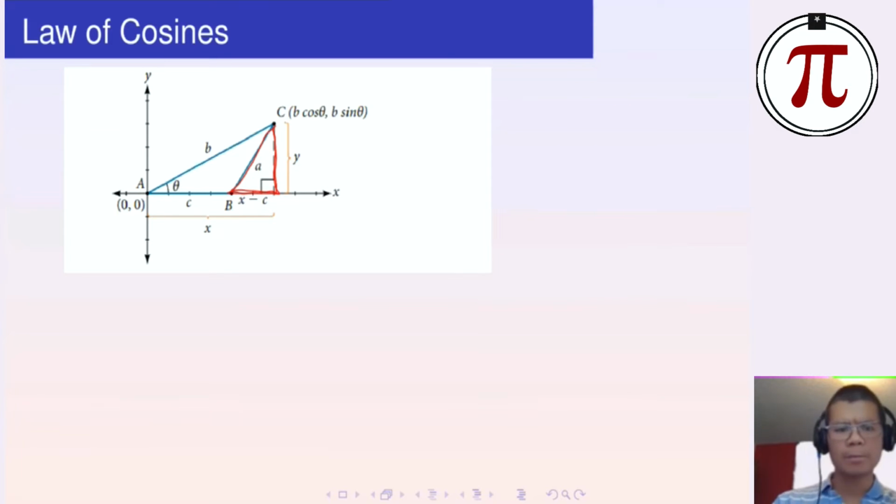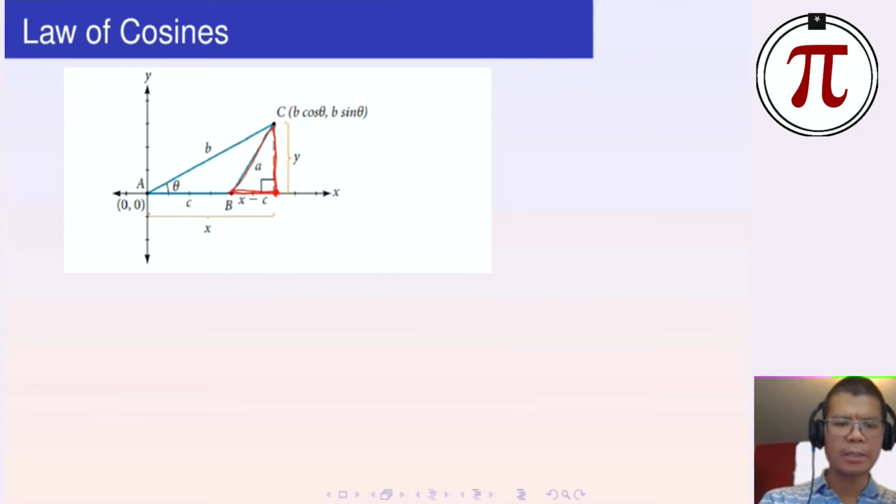So we will have what? It seems like this distance, well, I believe this is b. This point, b cosine theta, is x.